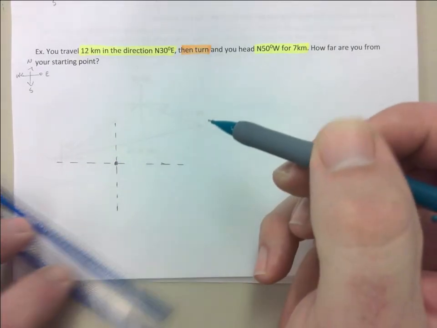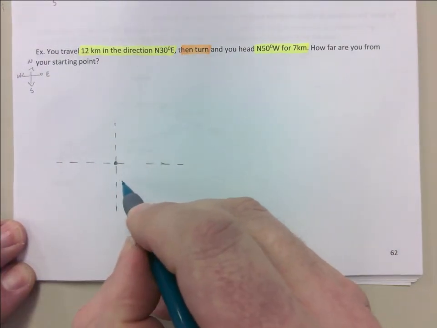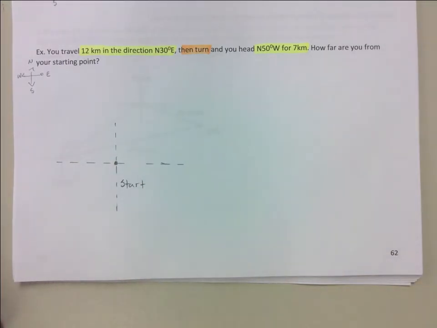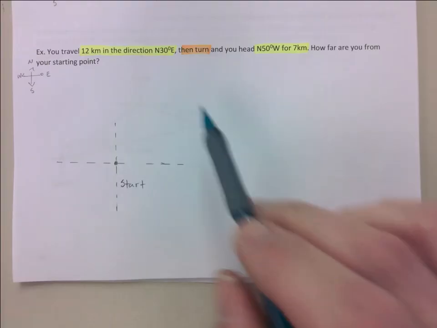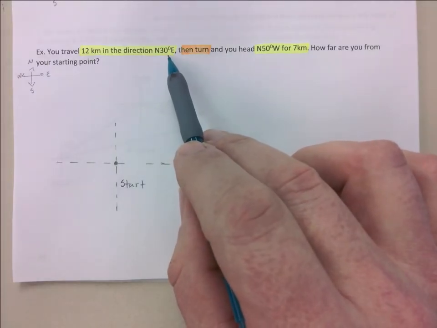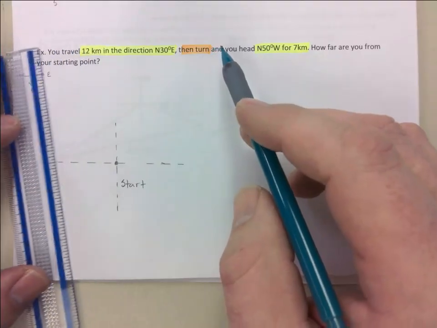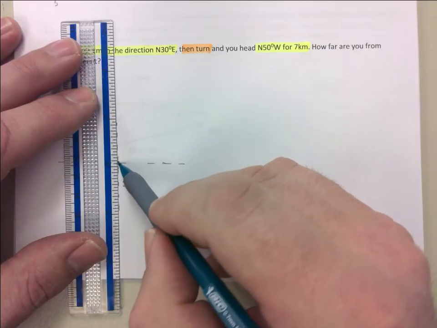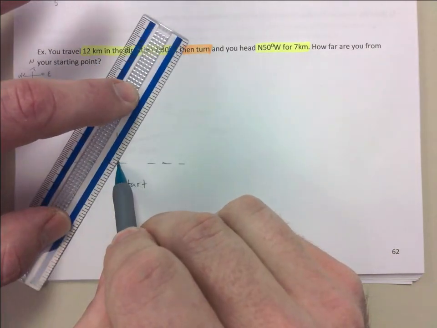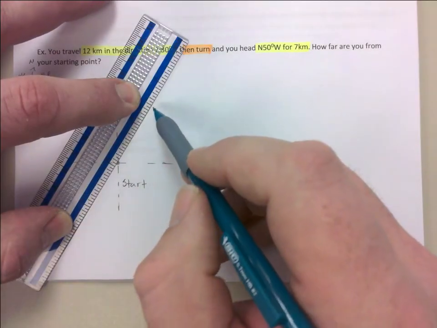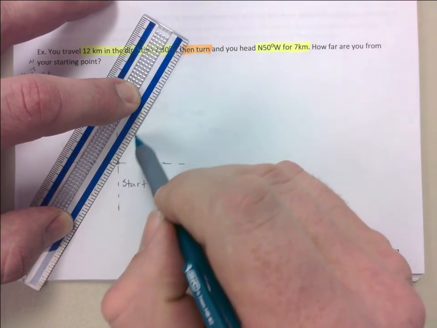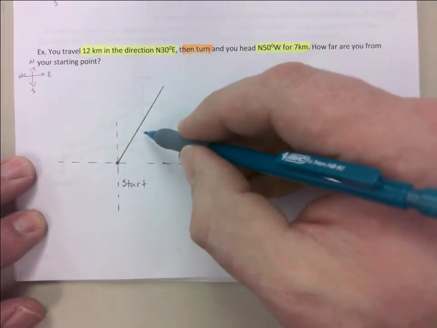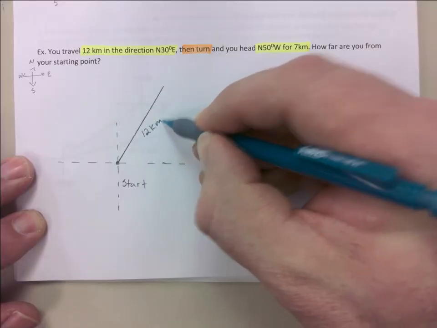Does it have to be that big? Probably not, but I'm going to say this is my start. And I'm going north 30 east. Okay? So you start north, let's turn 30 degrees towards the east, like somewhere in there. And travel 12 kilometers. So we know this is 12 kilometers.